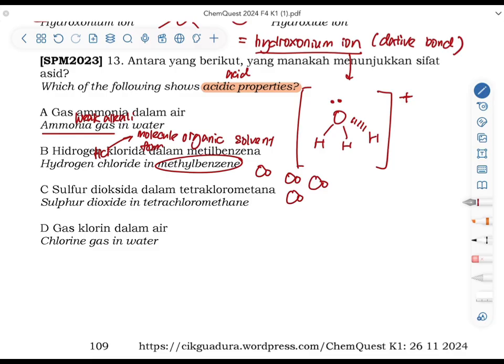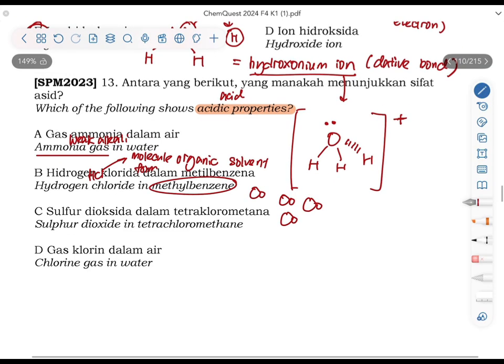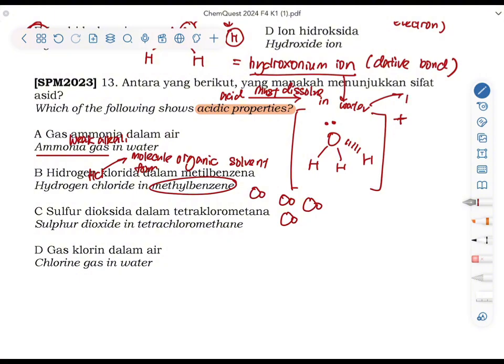One more thing I want to mention is that for a substance to show its acidic properties, the acid must dissolve in water to produce hydrogen ions.